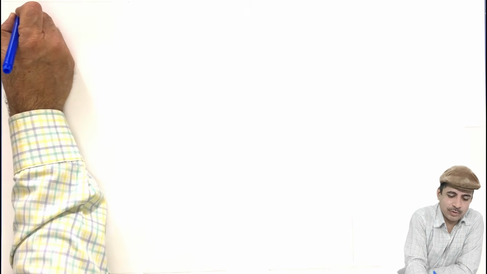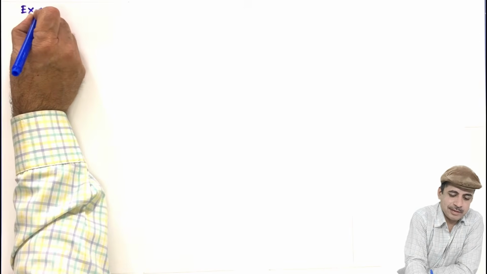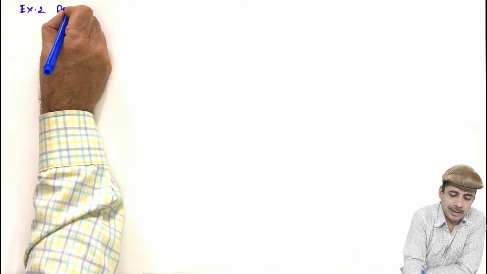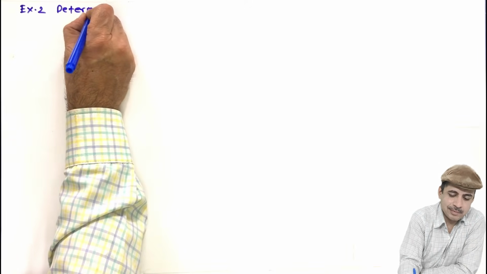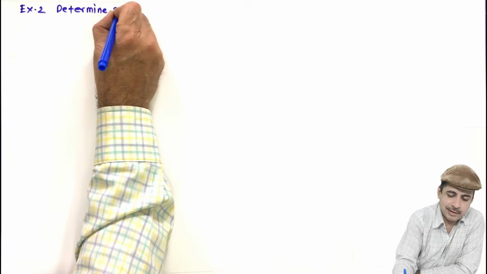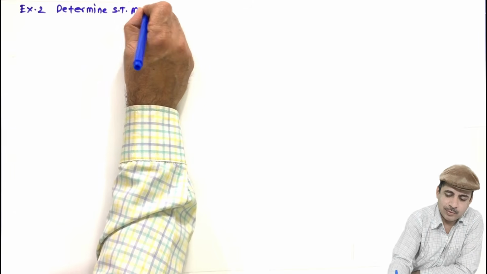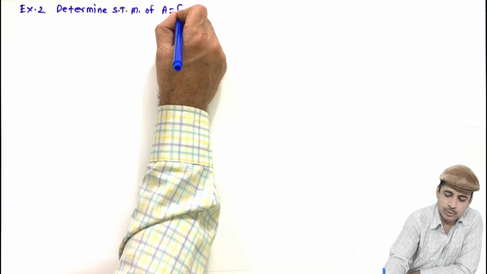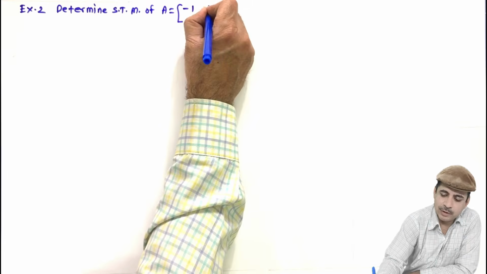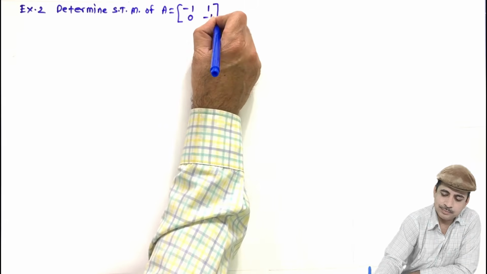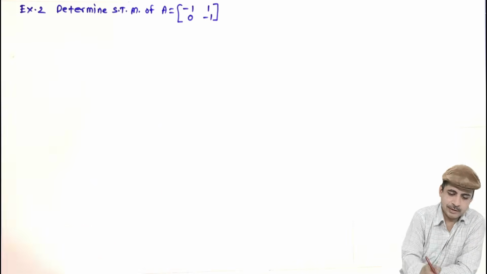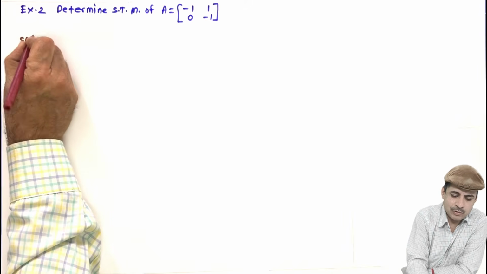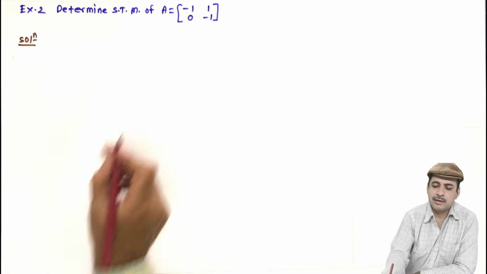So the second example was example 2. Determine the state transition matrix of A is equal to minus 1 1 0 minus 1, and let us start solving it. We will solve it very quickly.